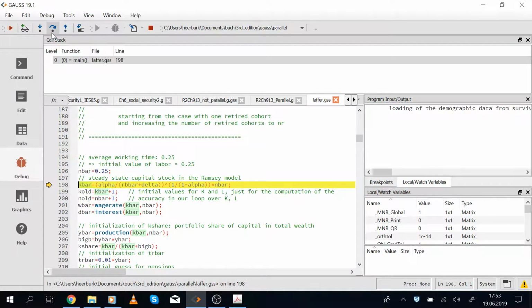If you look at the Euler equation in steady state, you find that the capital stock is provided by the equation in line 198. And we will use this because we assume, well, if we look at a 46 period overlapping generations model where just one cohort is retired and all others are working, why shouldn't this behave so much different from the Ramsey model?